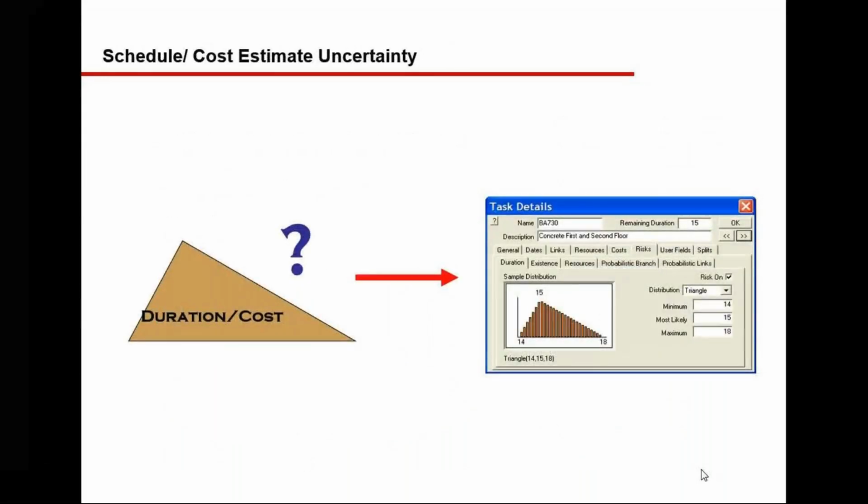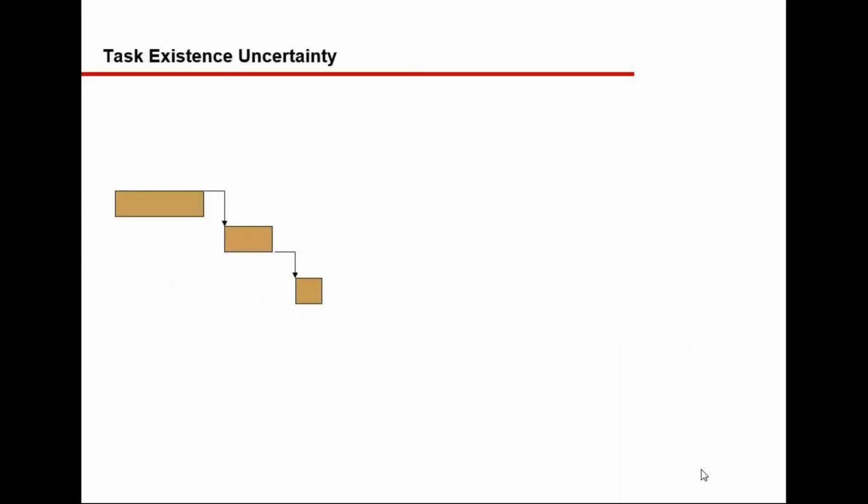The 3-point estimate which we are going to give can be applied to duration, cost, and resource units, all three areas. And for the distribution also, you have various options that we can use.